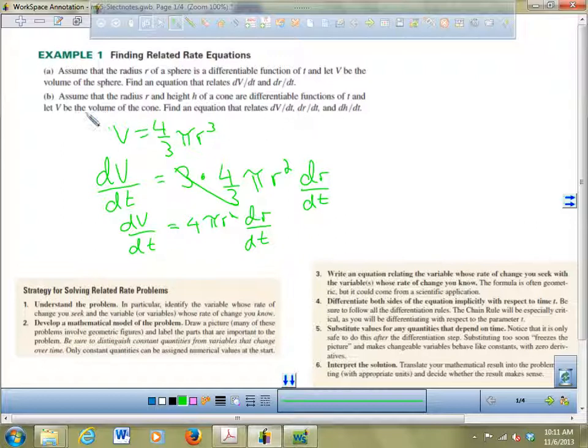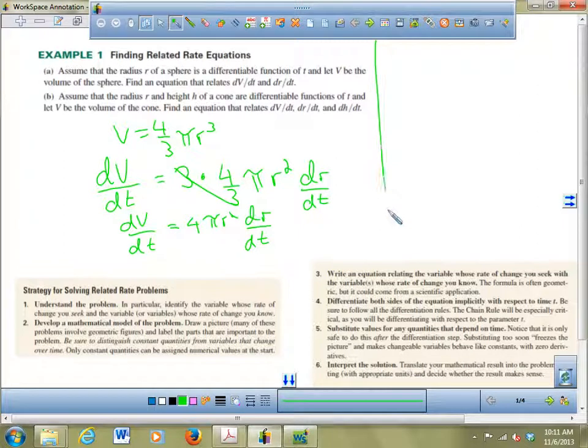This one is kind of similar, except you have two things going on. Assume that the radius and height of a cone are differentiable functions. You have to be really careful to make sure which things are changing and which things are not changing. If they say they're differentiable functions of time, that means they are changing.